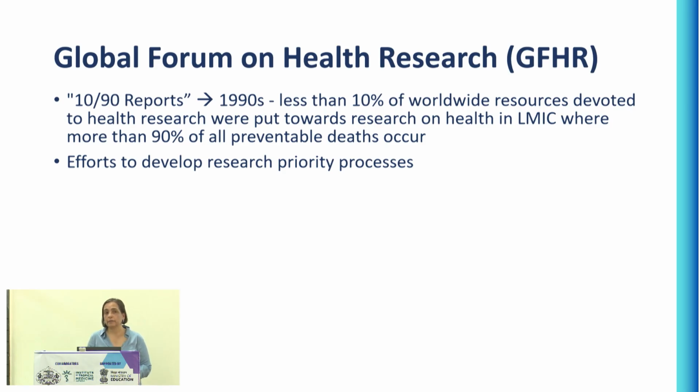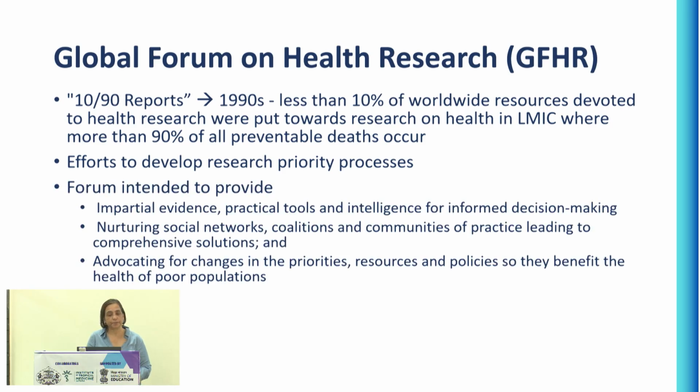As a result of this quite alarming report, there were efforts to develop more rigorous research priority processes in LMIC. This forum intended to provide impartial evidence, practical tools, and intelligence for informed decision making. This was happening around the 90s.